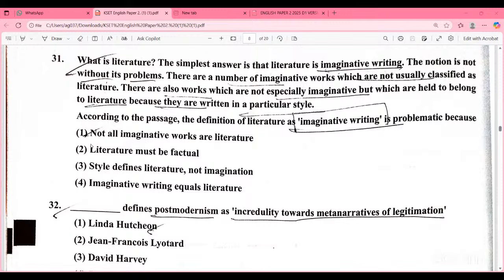According to this passage, the definition of literature as imaginative writing is problematic because dash. The right answer will be option 3. Style defines literature, not imagination. All right, option 3 will be the right answer.